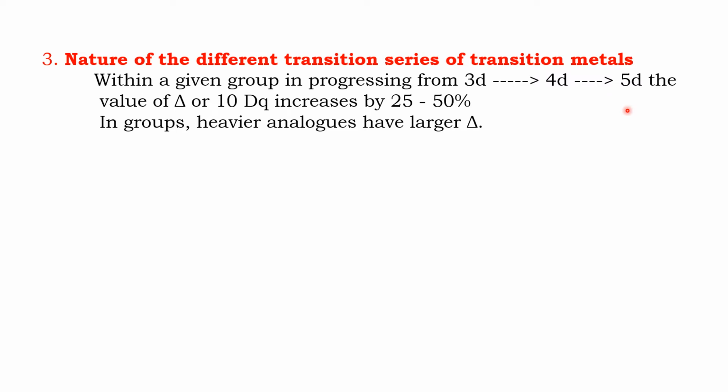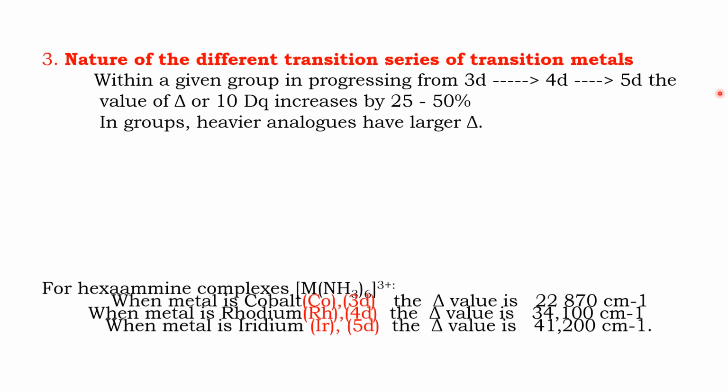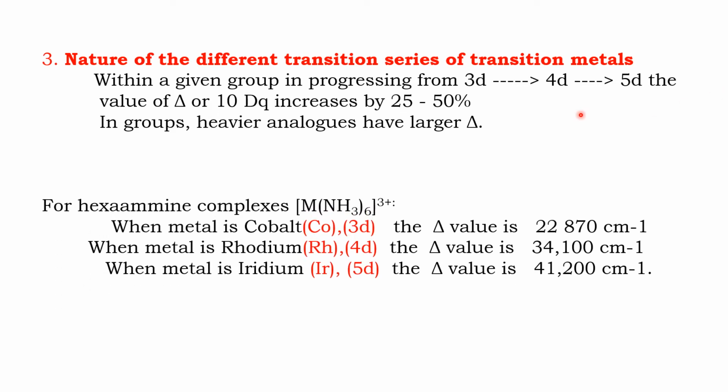So heavier atoms have a greater delta or 10Dq value. See here, I am taking the same complex, but the metals are different. The metals are cobalt, rhodium and iridium. Cobalt belongs to the 3d series, just down we have rhodium, the 4d series, and just down we have iridium, the 5d series.